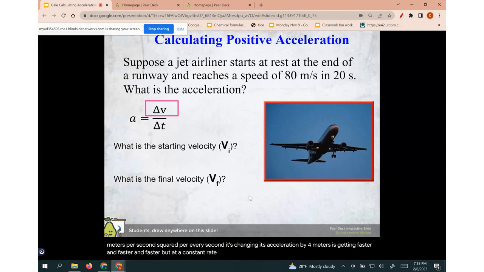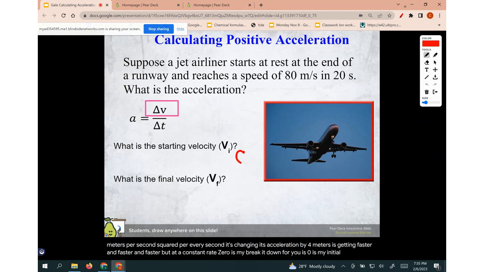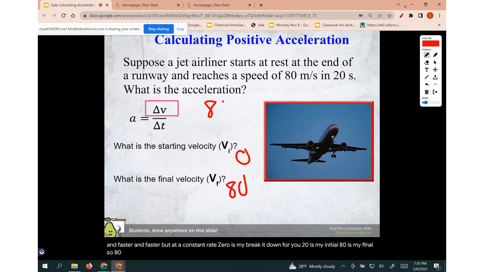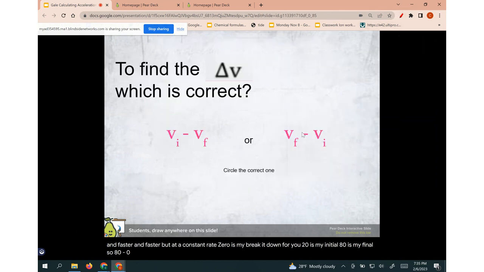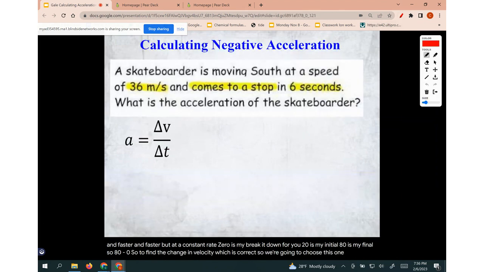So let me break it down for you. 0 is my initial, 80 is my final. So 80 minus 0. To find the change in velocity, which is correct, we're going to choose this one.